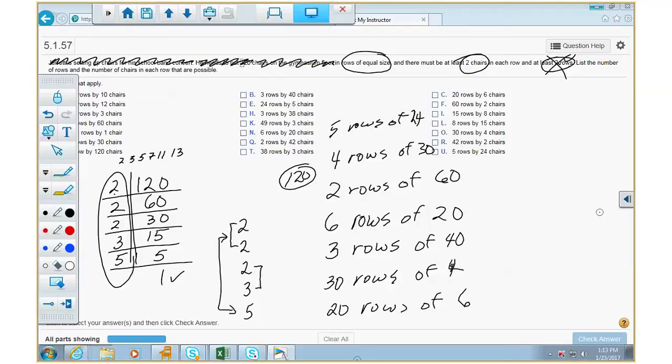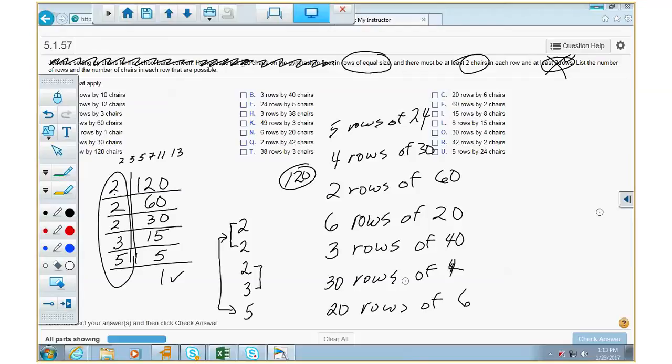Okay, yeah, I had it right. It's been a long day. No, 6 rows of 20. 5 rows of 24 is 120. Why do you want to mess me up? You're a loser. I know, right?